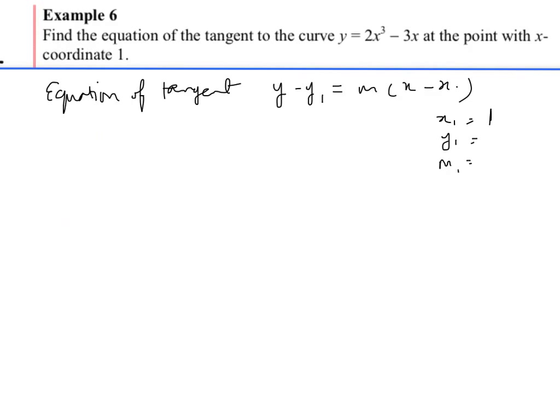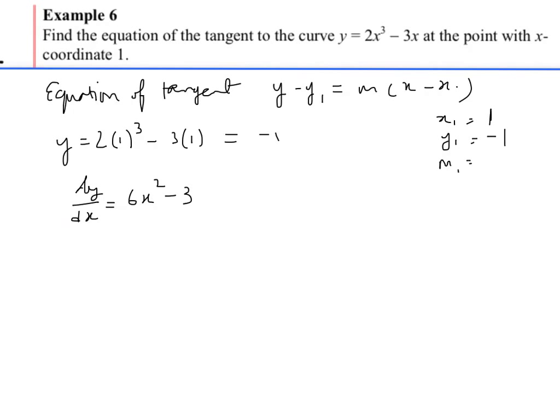Now y we can work out just by substituting the x back in. So you've got 1 cubed there, take away 3 times 1, so that just gives us minus 1. And now we need to work out the gradient m. The gradient is given by differentiating. So we do dy over dx equals 2 times 3, which is 6x squared, take away 3.